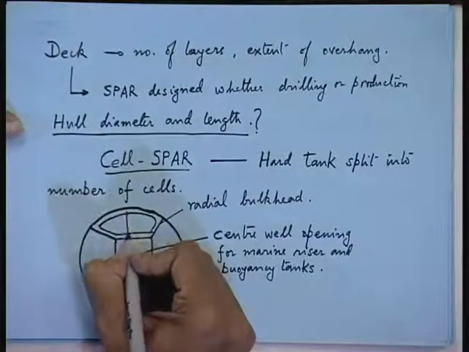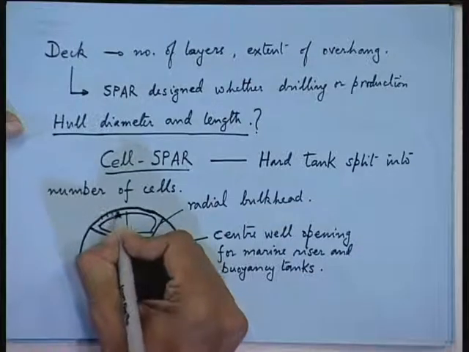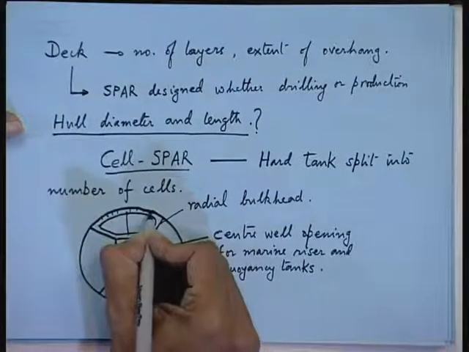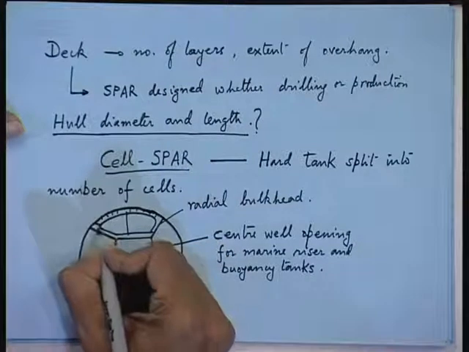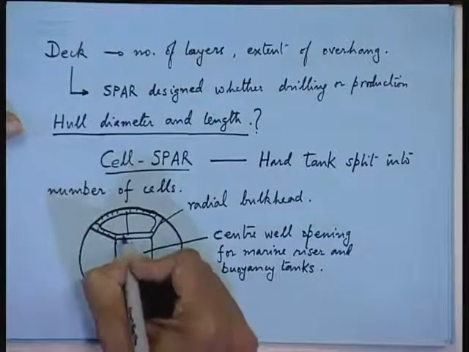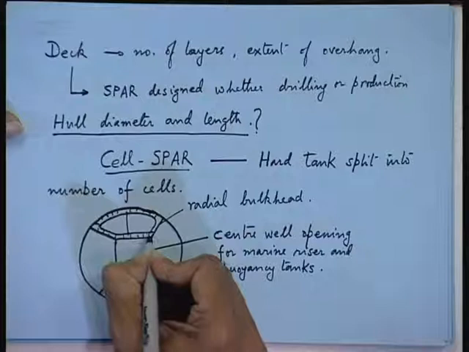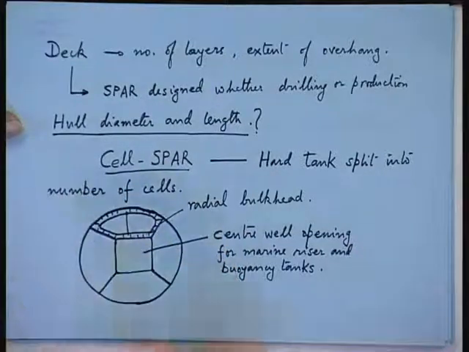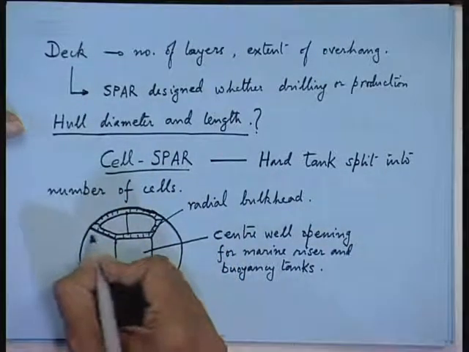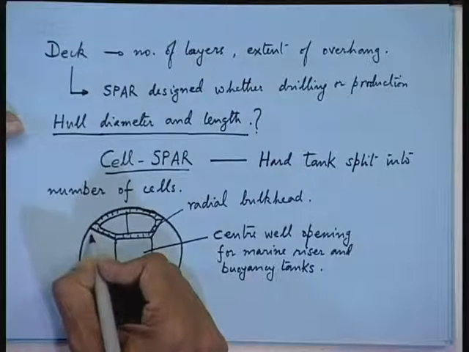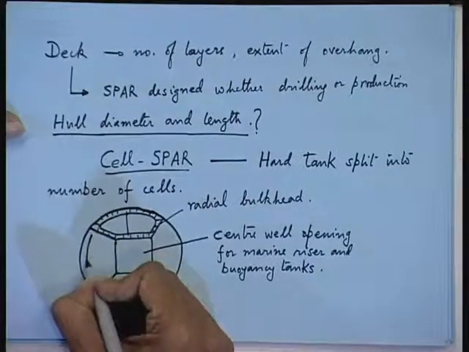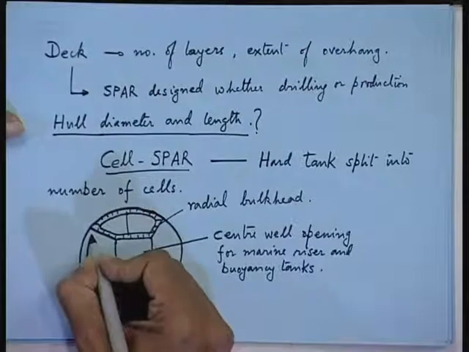In the center you have a support and you have your vertical frames. In ships you will come across longitudinal framing, but here you have framing like this. Like this you do for all the cells. So this is how you lay out your hard tank.